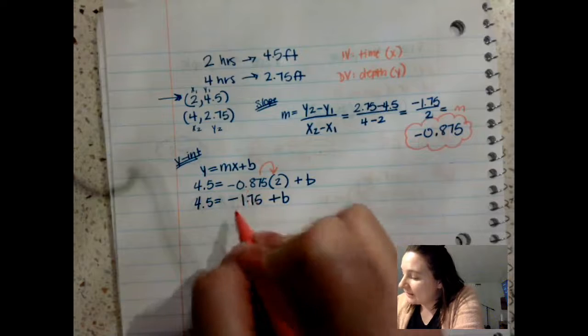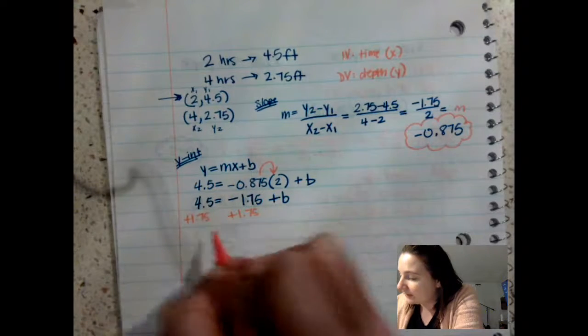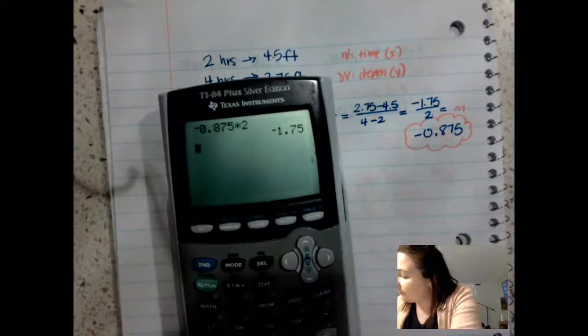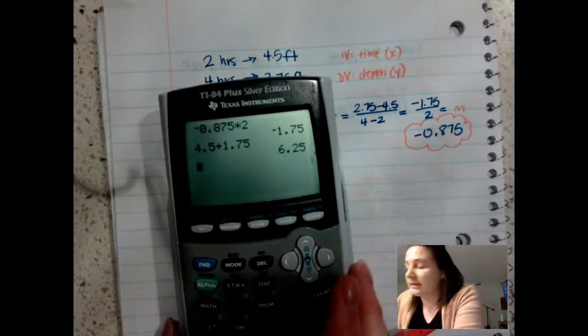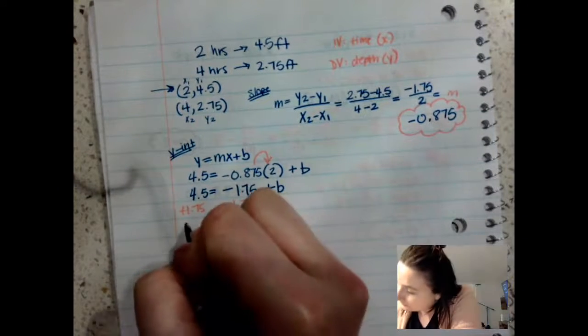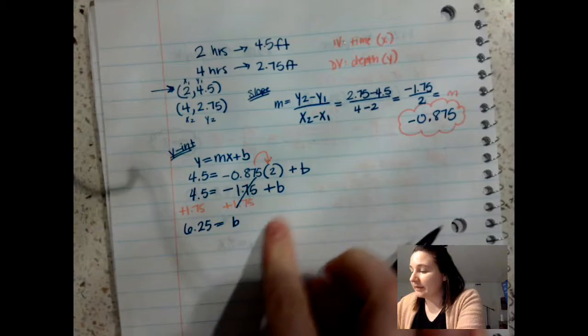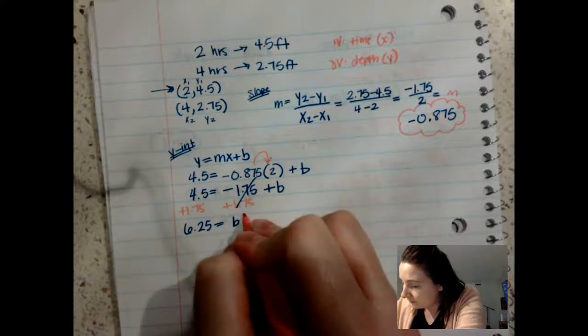And since this is negative, I want to add 1.75 to both sides. 4.5 plus 1.75 gives me 6.25. And that is my b value.